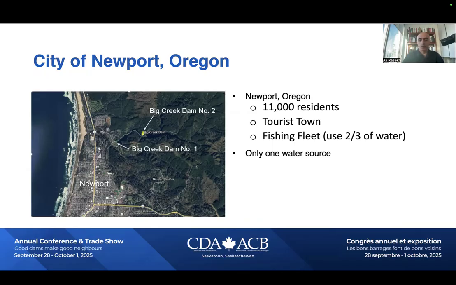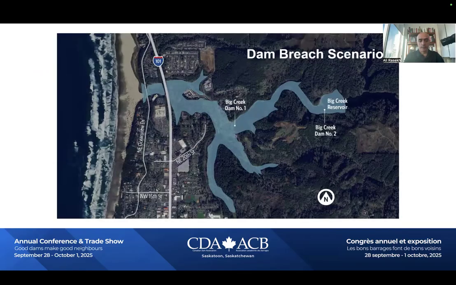There is only one water source, which is this Big Creek River, and right now they have two dams on this river. This is the dam break scenarios studied by another company, indicating that this is a high consequence dam.